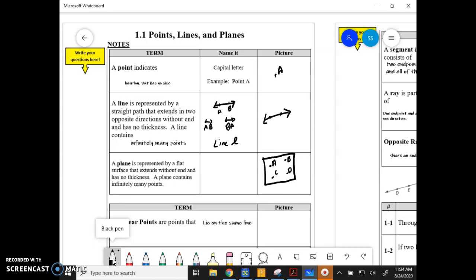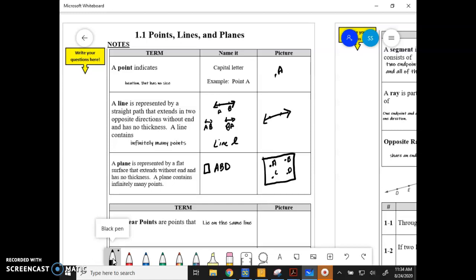We can label or name a plane, and we have 2 options here. We could use any 3 points on a plane. What I always do is make a little box, and then I could call this ABD, or CBD, it doesn't really matter.